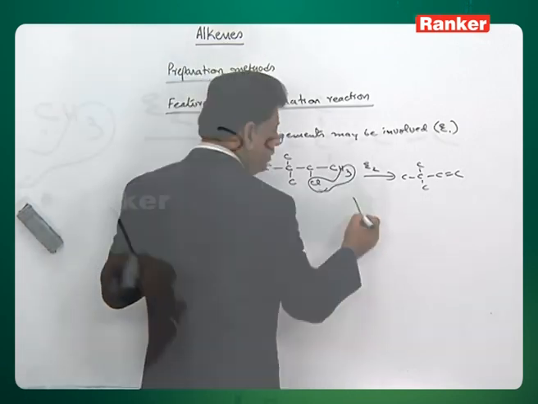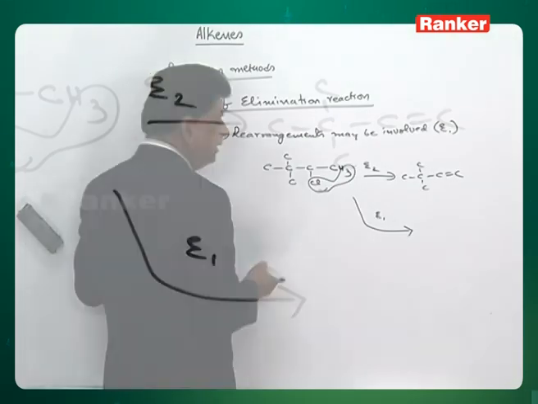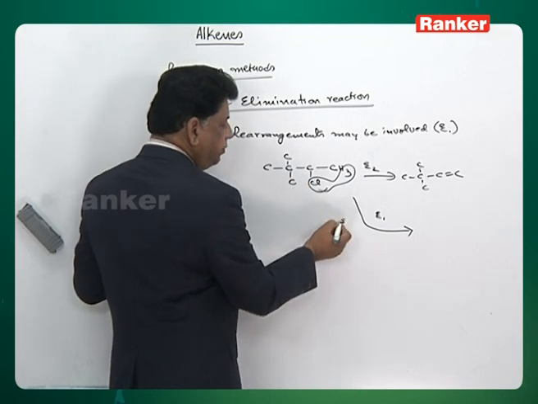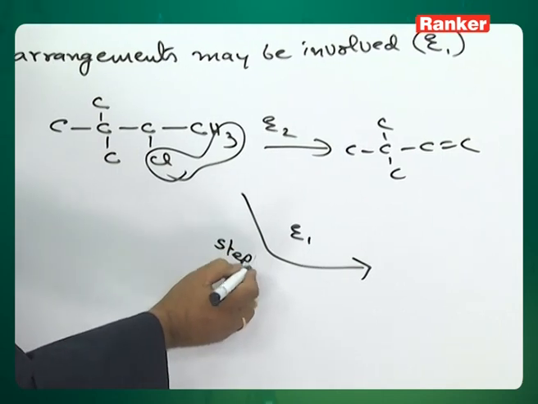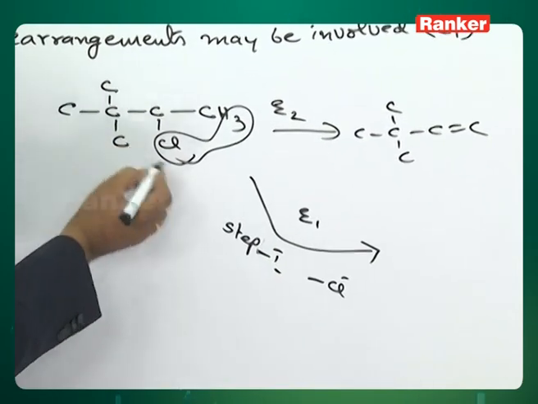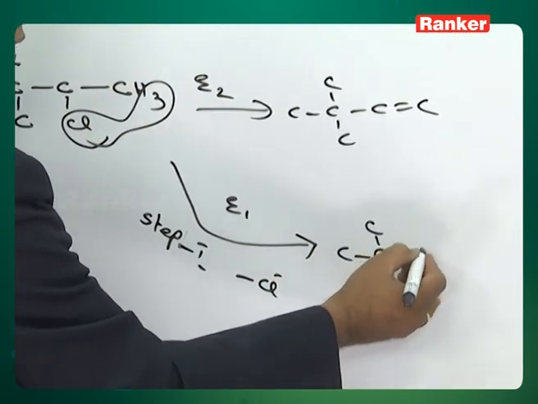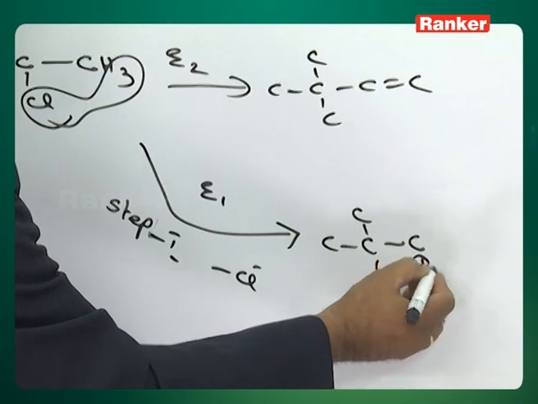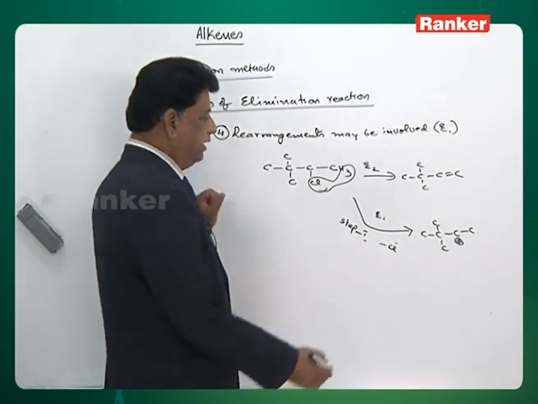But if the same compound undergoes E1 type elimination, in the E1 elimination, what is happening in step 1? First it undergoes the removal of Cl minus. So, Cl is gone out. You get a carbocation which is a 2-degree carbocation, right. Cl goes out, a 2-degree carbocation is formed.